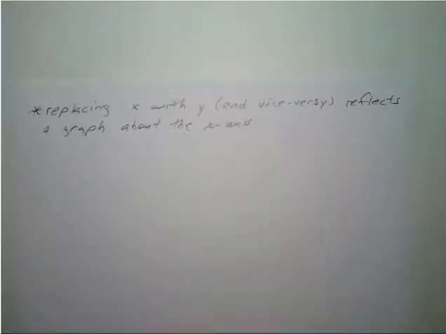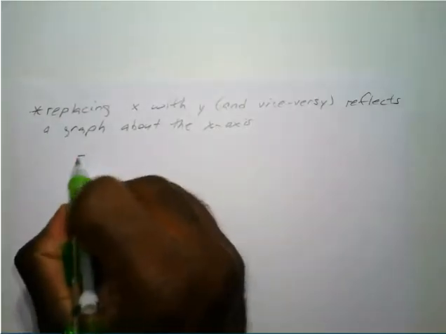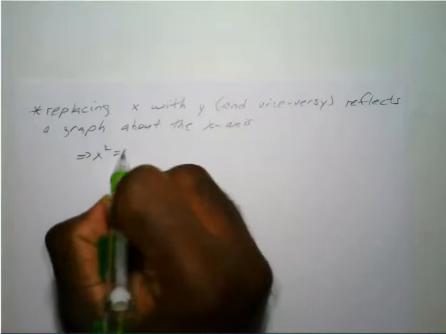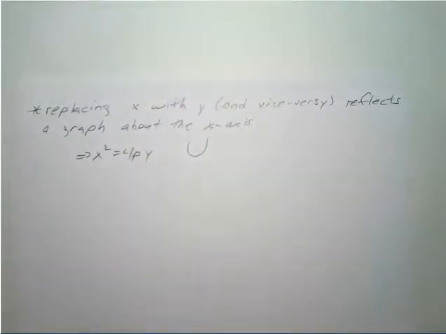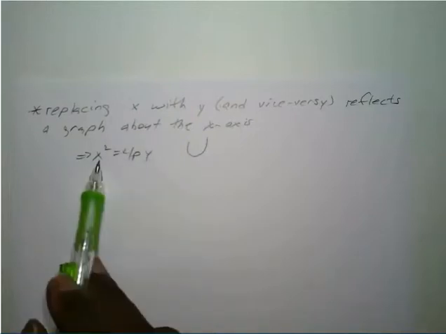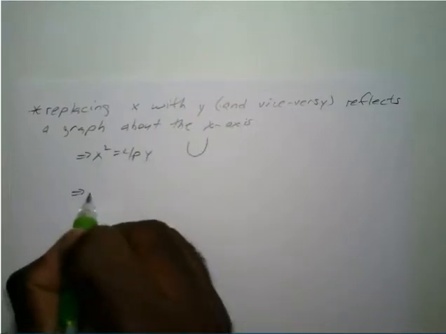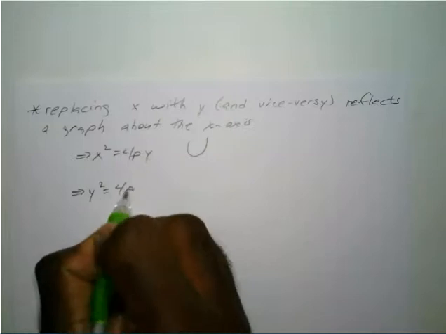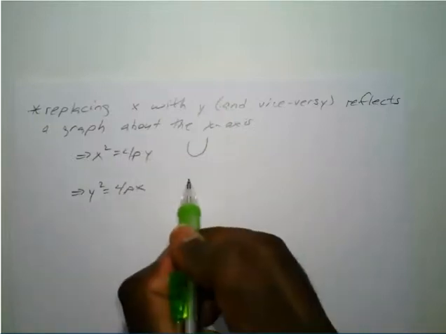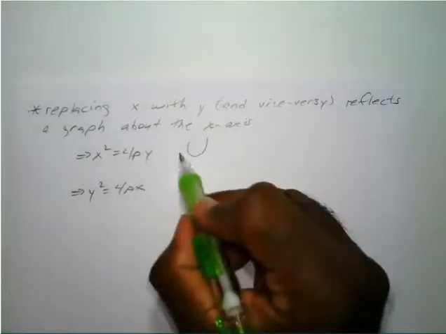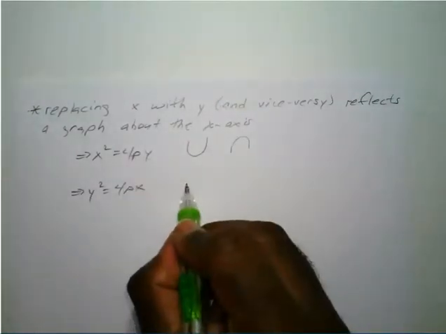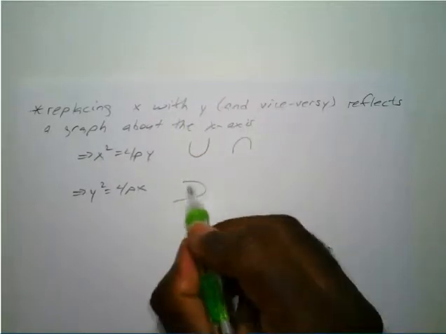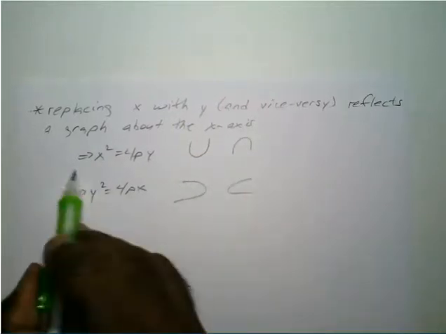Okay, so in other words, if we take our previous formula, x squared equals 4py, we know that it looks like this. But if we swap out the y and the x, y squared equals 4px, our graph will look like, well, in this form, it looks like this or this, depending on if p is positive or negative. But in this case, our graph will look like this or this.